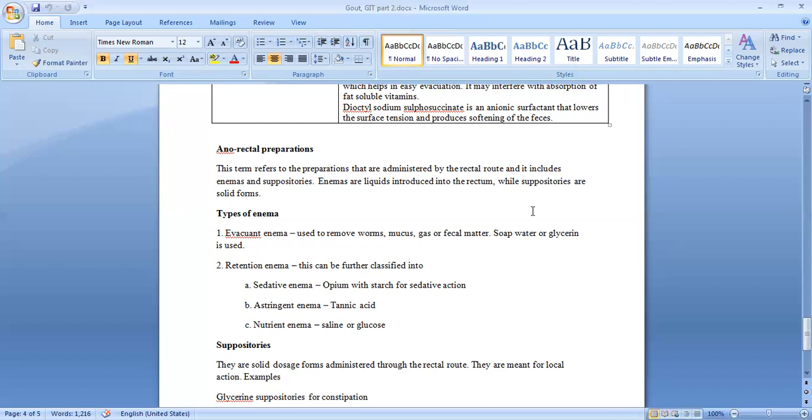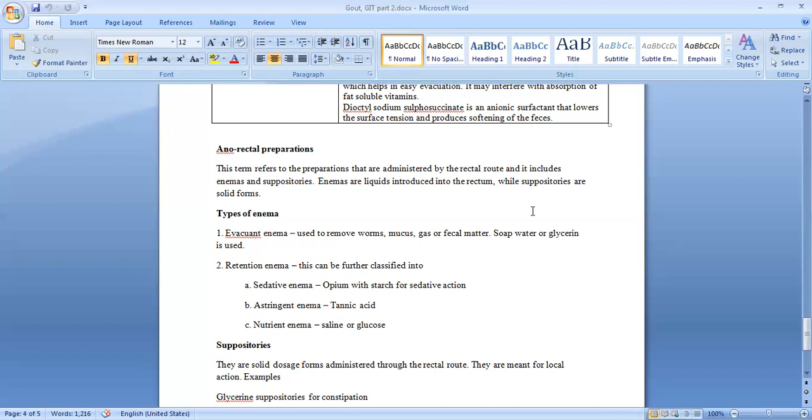So if we want to remove worms, or excess mucus or fecal matter which has collected in the rectum and is not coming out easily, or if there is a lot of gas and we want to get that gas out of the body, then in such cases we use what is called an evacuant enema. For this purpose, they make use of soap water or glycerine enema.